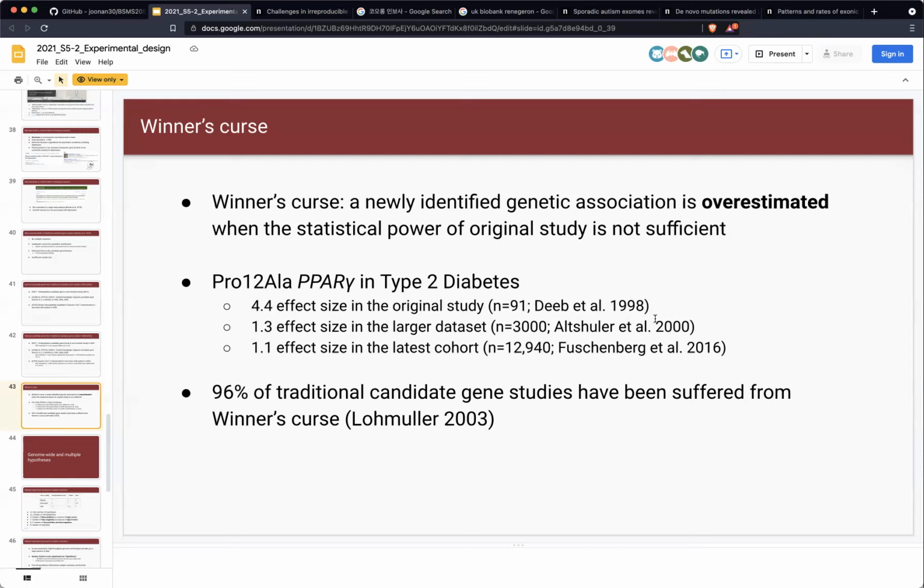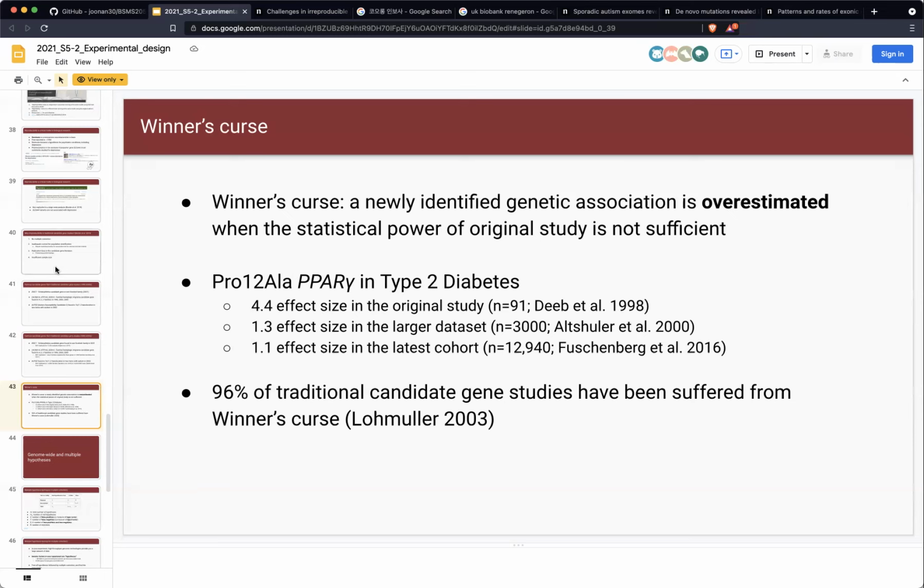After 2 years, people looked at 3,000 samples, which is way larger than 91, and the odds ratio was 1.3. It decreased. After a decade, looking at 13,000 samples, this mutation's odds ratio is only 1.1. So the first estimation of the odds ratio in the early days was overestimated.